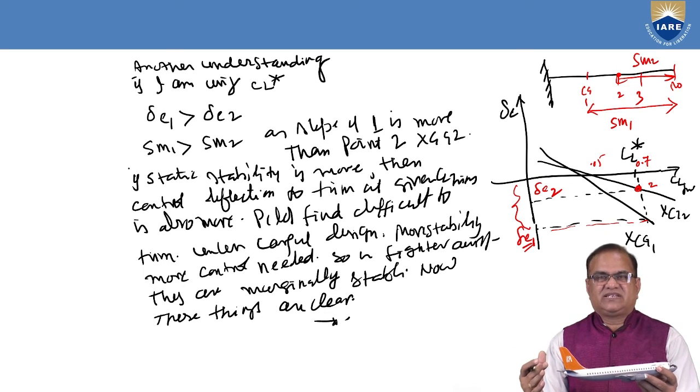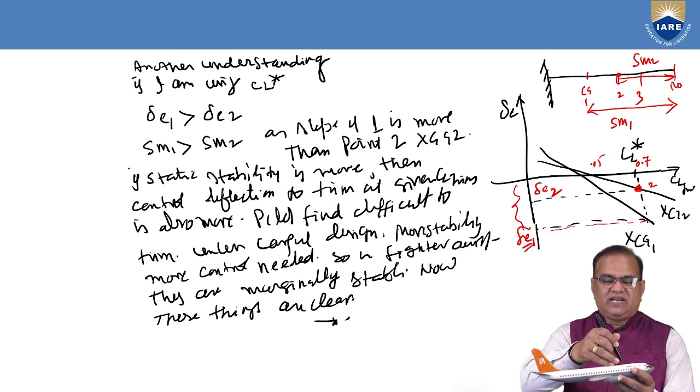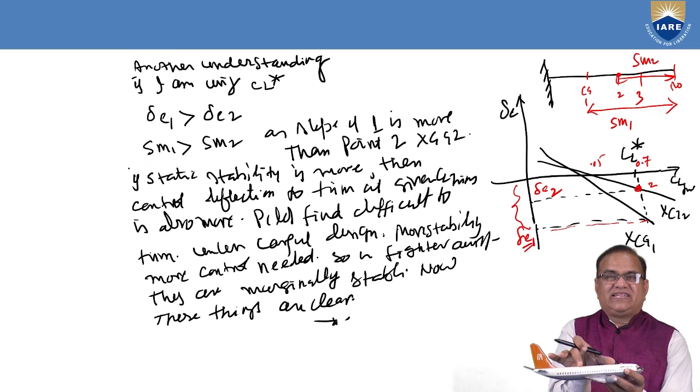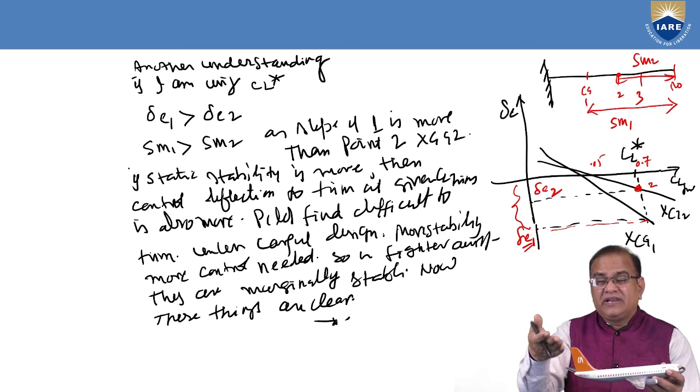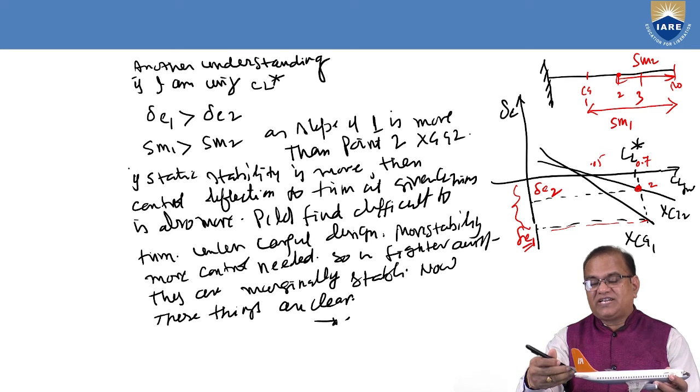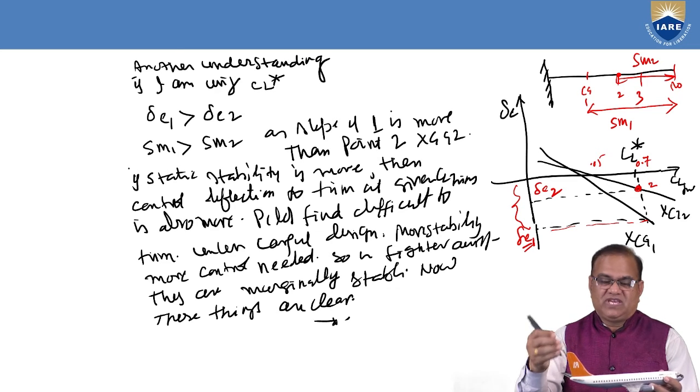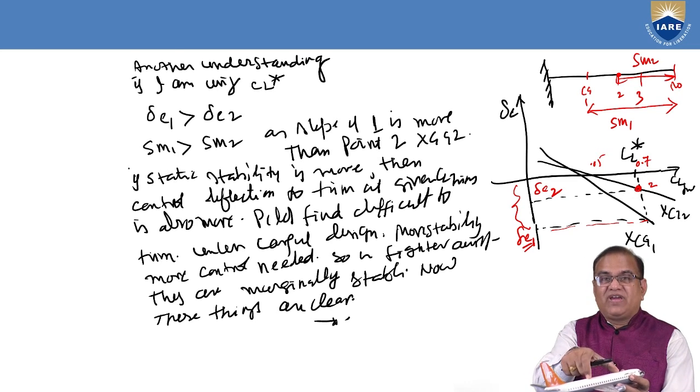We can see that as and when your CG is more ahead of the neutral point, the deflection of elevator upward, or negative, means upward, means you are deflecting your elevator more if the CG is more away from the neutral point.